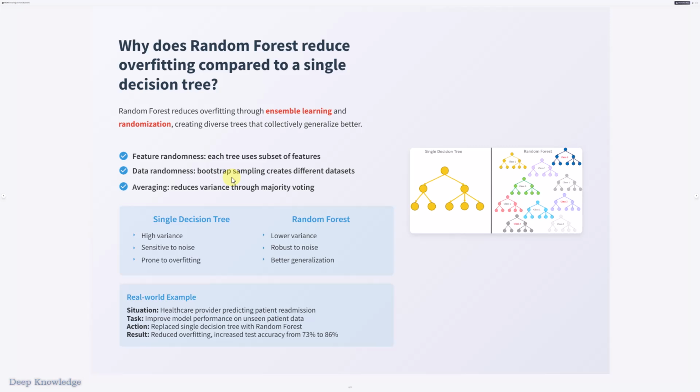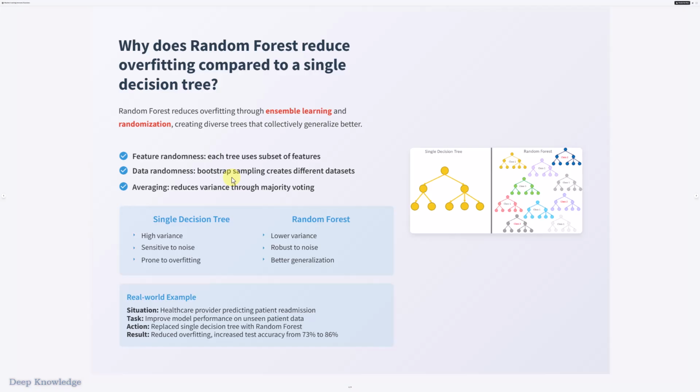Each subset will be randomly selected, and being randomly selected means it will reduce the overfitting. And for the prediction, it will use majority voting from all of these random decisions. It's called a forest because it has many trees.